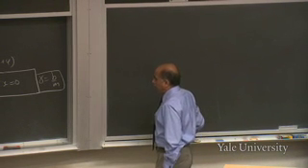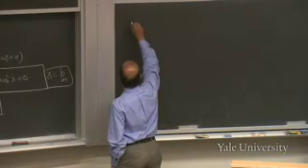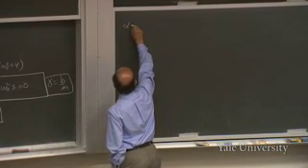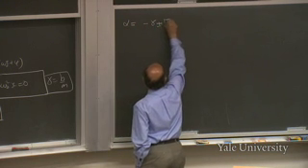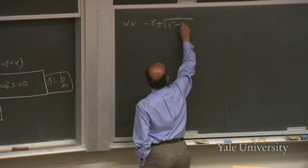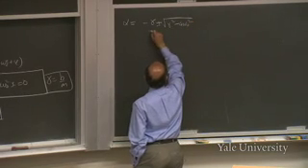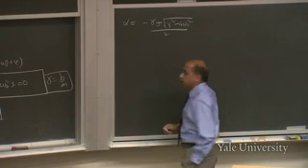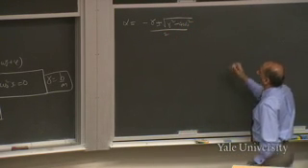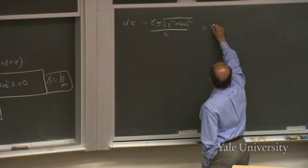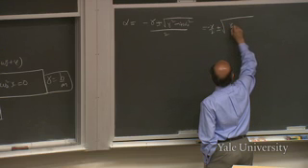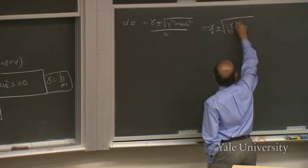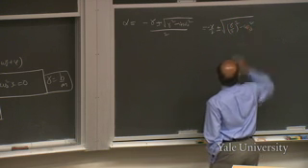Go back to the old days and remember that the solution of that equation will be alpha equals minus gamma plus or minus the square root of gamma squared minus 4 omega naught squared, over 2. I would like to rewrite this as minus gamma over 2 plus or minus the square root of (gamma over 2) squared minus omega naught squared.